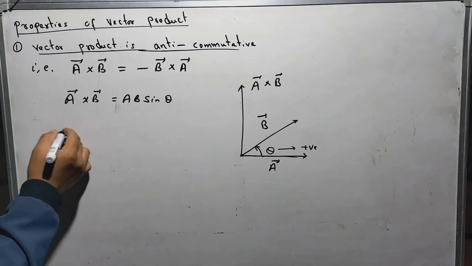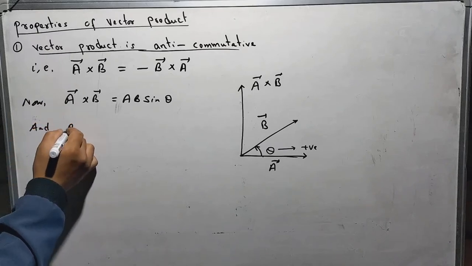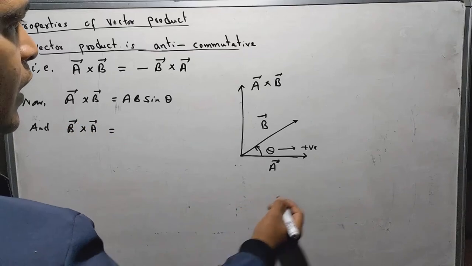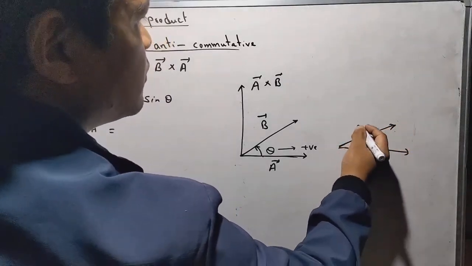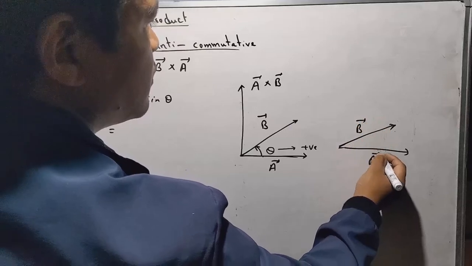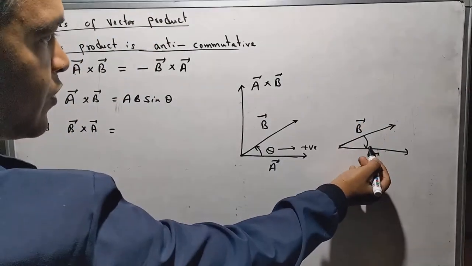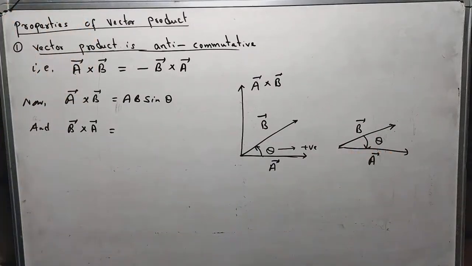Next, if I say B cross A, then if you see B cross A, that means you are rotating the vector from B to A. Let's say you rotate through an angle theta.